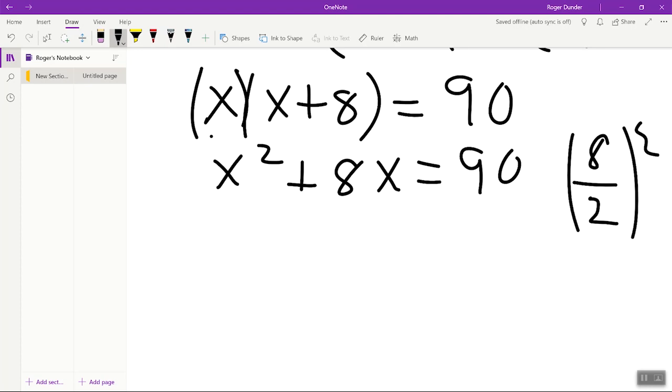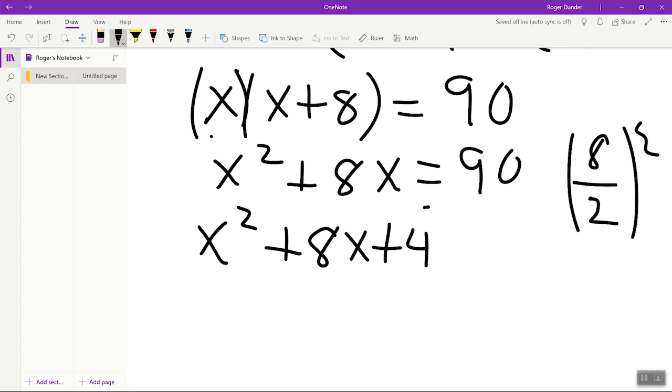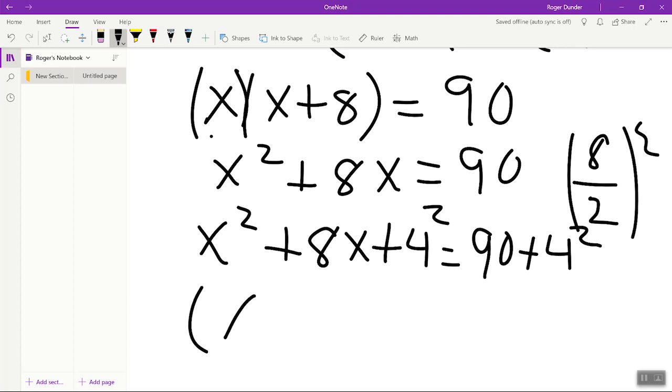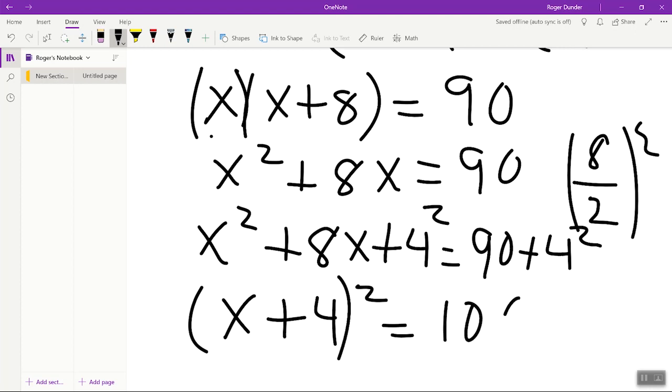We're going to add 4 squared to the left and right. So x squared plus 8x plus 4 squared is equal to 90 plus 4 squared. So on the left it factors nicely as (x + 4) squared, equal to 90 plus 16, which is 106.